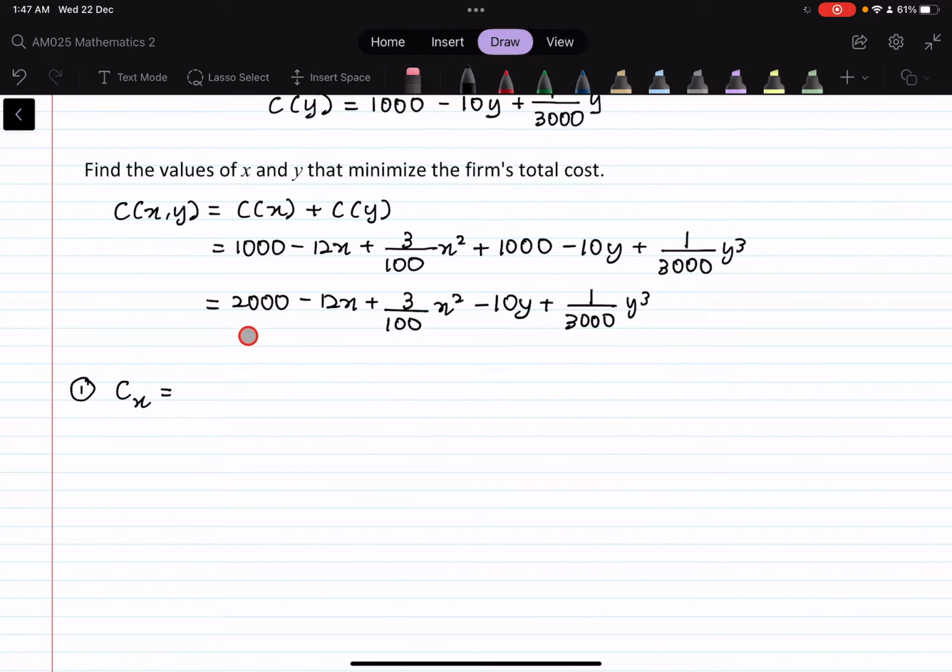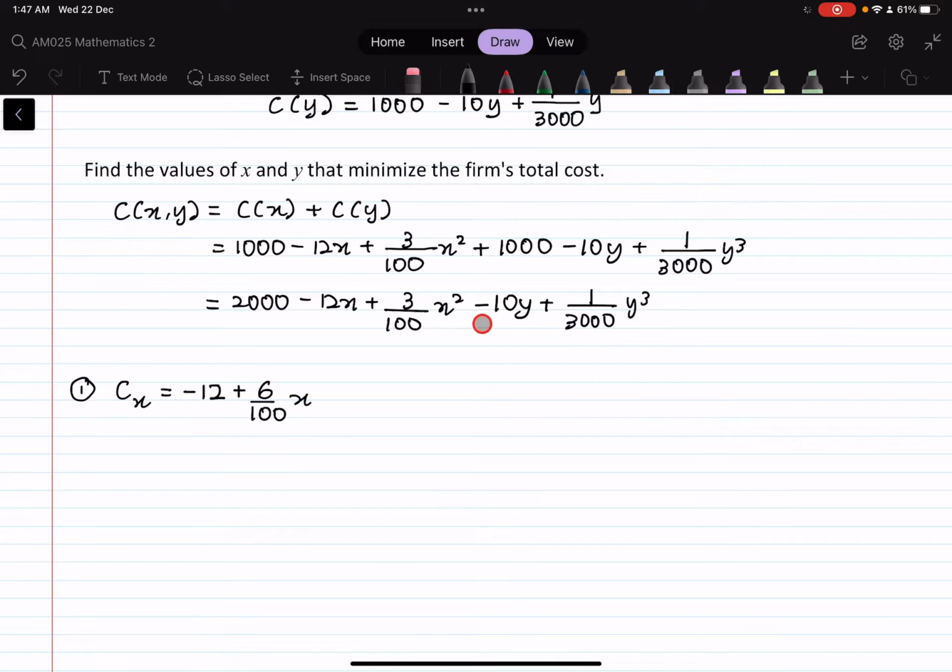Let us differentiate 2000 with respect to x, which is 0. Differentiating negative 12x with respect to x gives negative 12. Differentiating 3 over 100 x squared with respect to x gives 6 over 100x.